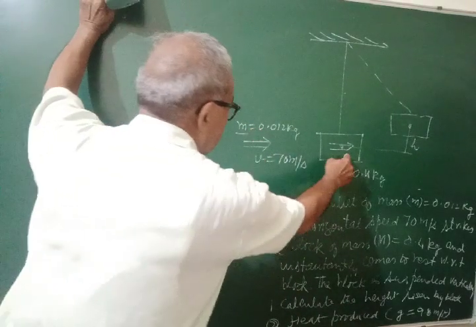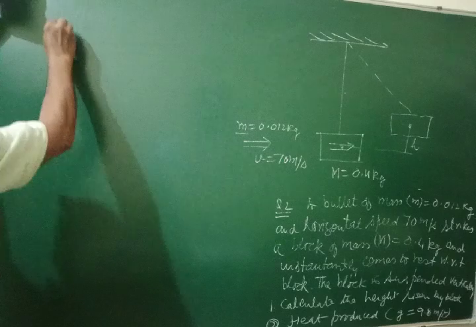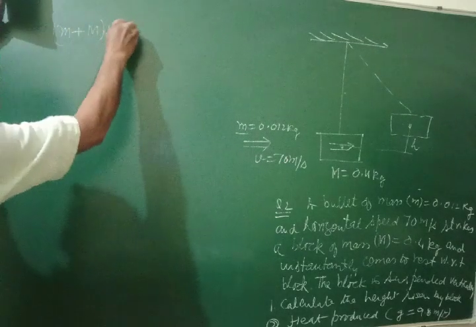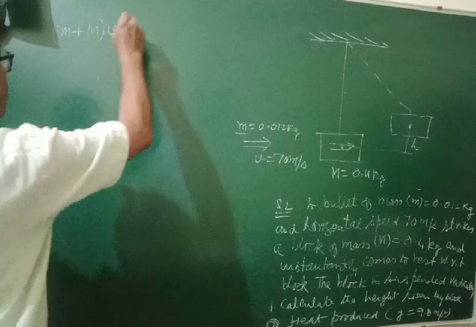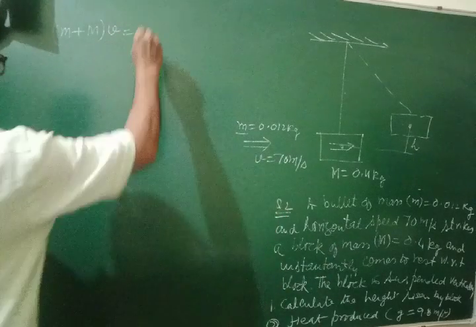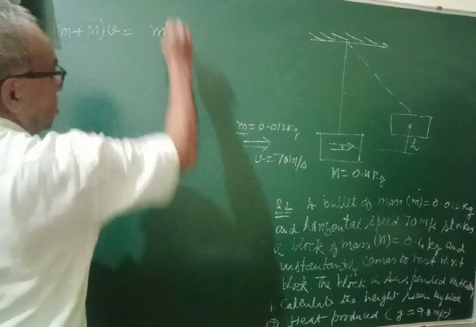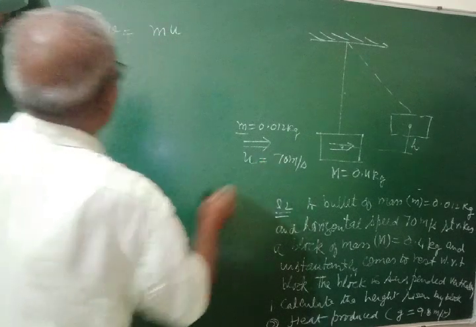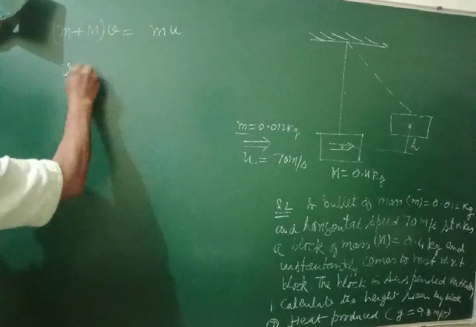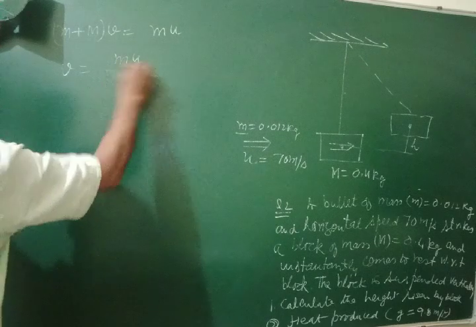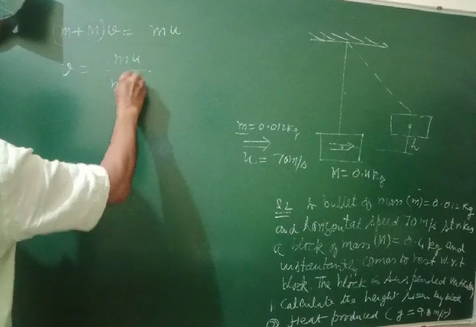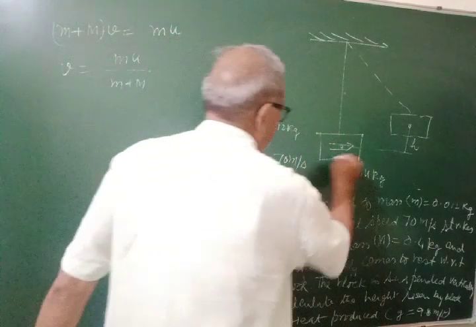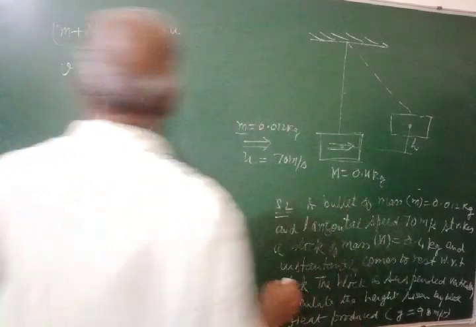Final momentum, m plus M into v, is equal to m u, where u is this speed. So v is equal to m u upon m plus capital M. So the block and the bullet together will move with this velocity after collision.